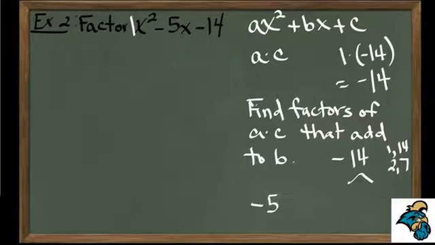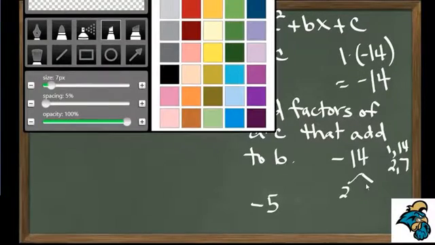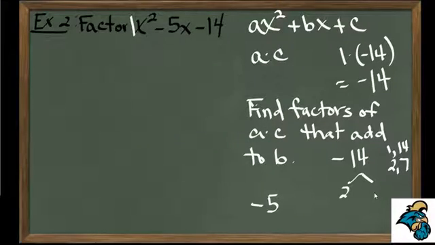Well, what times what will give me -14? If you're not sure, you can list them out on the side. Factors of 14, ignoring the negative, are 1 and 14, and 2 and 7. Well, which of those are going to give us 5? The only way we're going to get 5 out of this is if we use the 2 and the 7. So I'm going to go ahead and put my 2 and my 7 here. But I know that it's a -14.